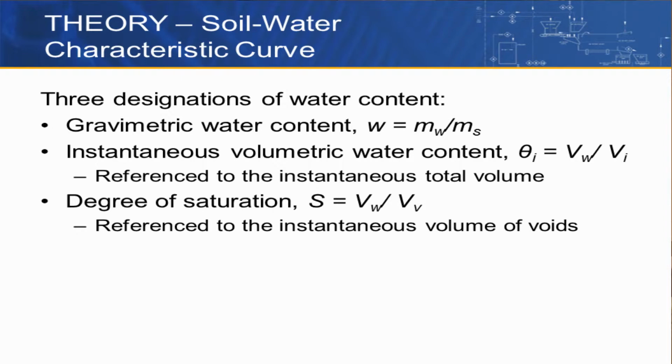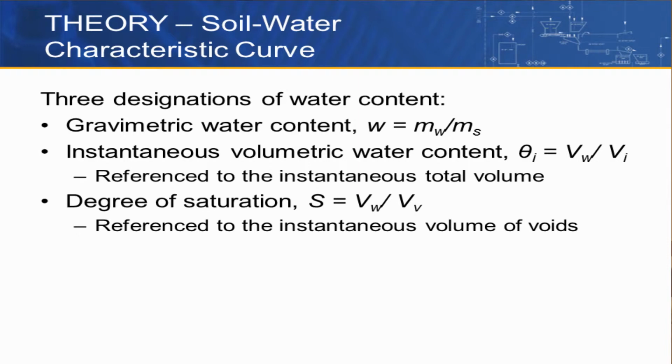For the soil water characteristic curve, there are three designations of water content. The first one is gravimetric water content. It refers to the mass of water to the mass of solids. The instantaneous volumetric water content refers to the volume of water to the instantaneous total volume.